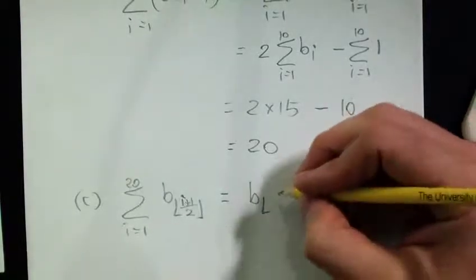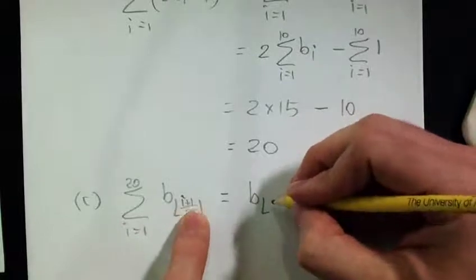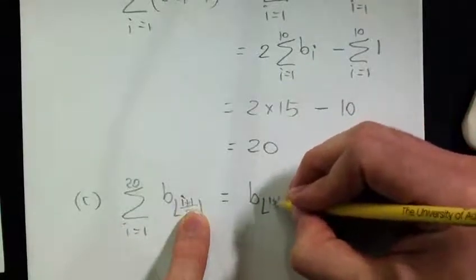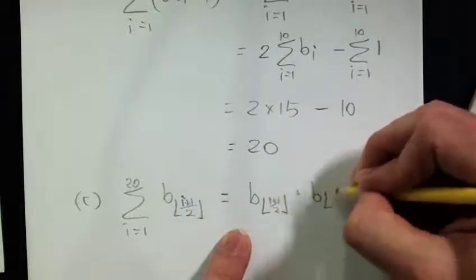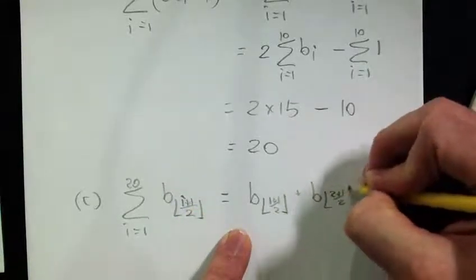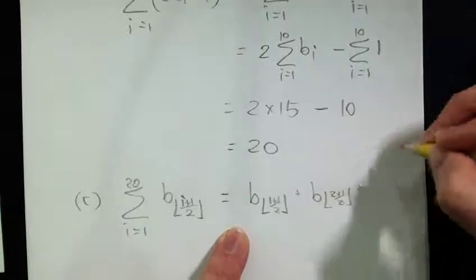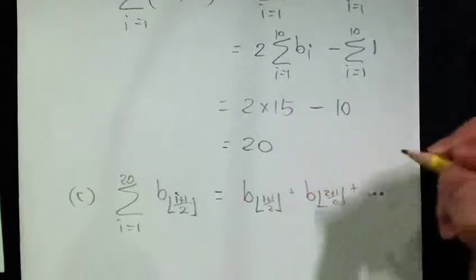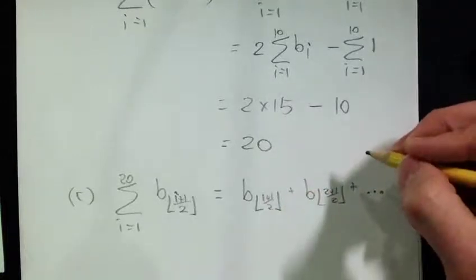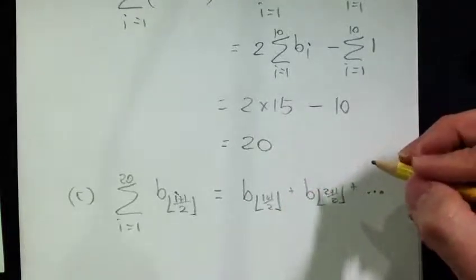Okay, so that would be the floor of 1 plus 1 over 2. That's what you get when I is 1. And when I is 2, I get 2 plus 1 over 2. And when I is 3, well, there's plenty of those, right? So I'm just going to put some dots in. Sometimes you need to put a few extra in to figure out what the pattern is, but this might be enough to figure out what I'm doing.